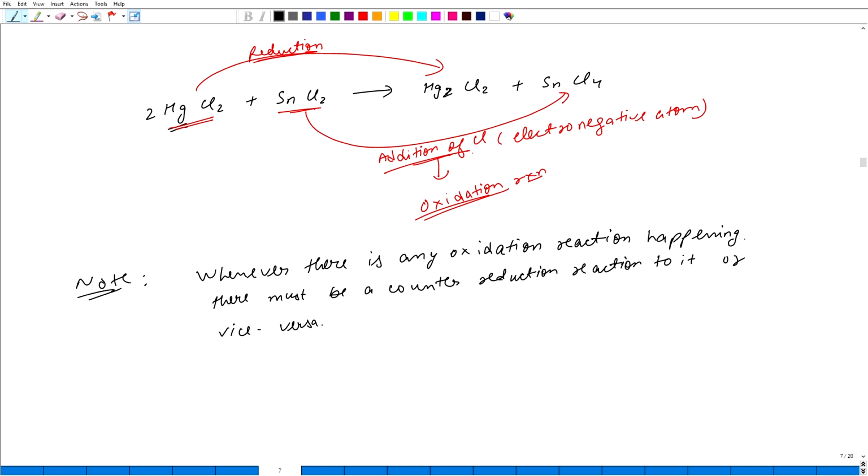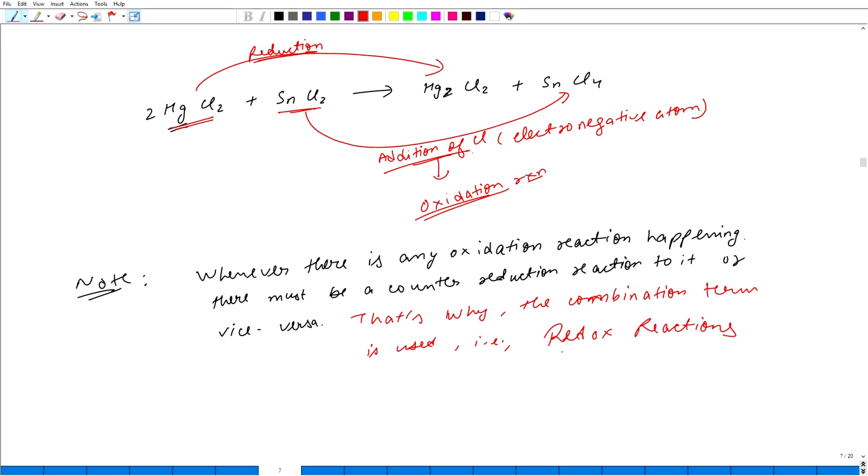That means, whenever there is oxidation there will be reduction, that is why the combination term is used. That is redox reaction. That is why this kind of reaction are called redox reactions.